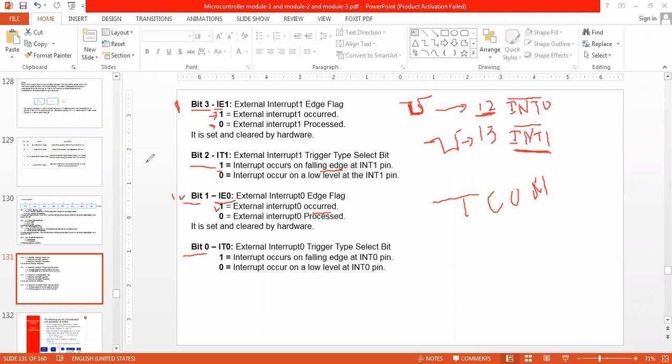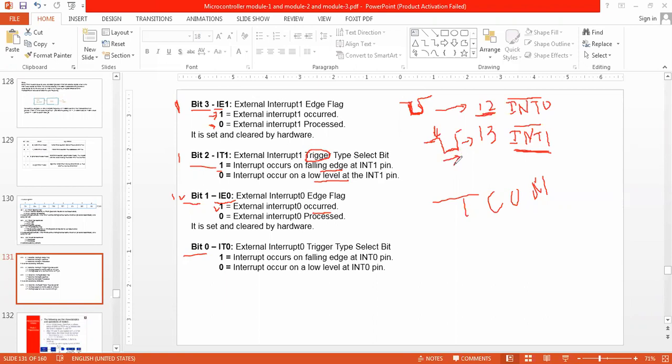If this bit is 1, it means we are looking only at the falling edge. If it is 0, we are going for low level at INT1, which means level triggering. It is selecting a trigger type, whether we are considering a falling edge or a low level.